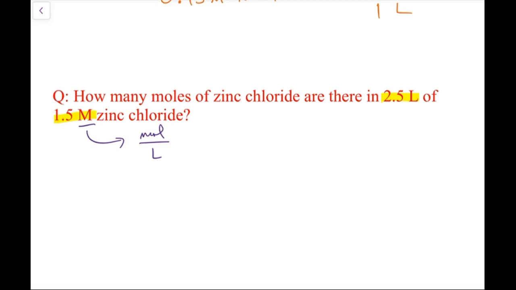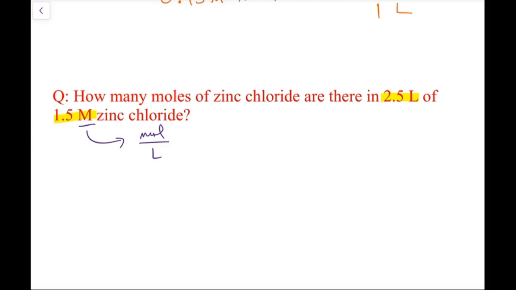It's really important that we remember that the molarity, which is the 1.5, is a relationship number. It tells you the number of moles per liter, whereas the volume is an absolute measurement. It's just how much space the solution takes up. We always start our calculations with the volume rather than the molarity. The molarity will be used to help us along the way.